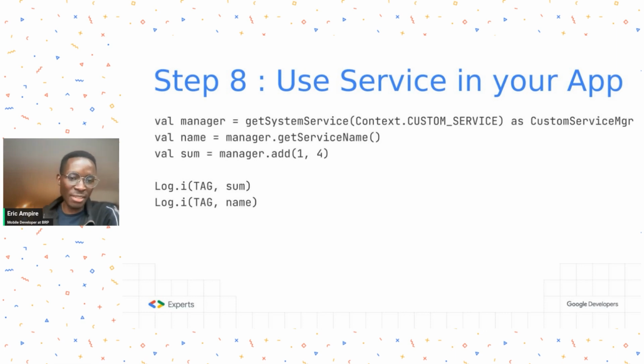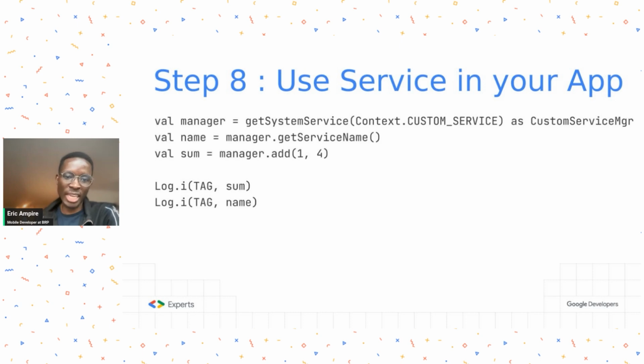So inside an activity, I can have access to this getSystemService method, and I will provide the name of the context I'm looking for. And here, this method will not return the service itself, but it will return the manager. And from the manager, I can have access to this method that I have defined.